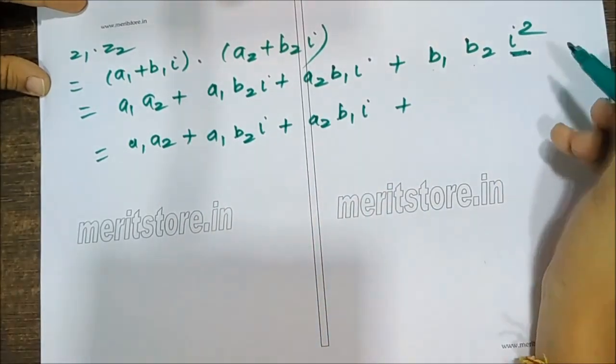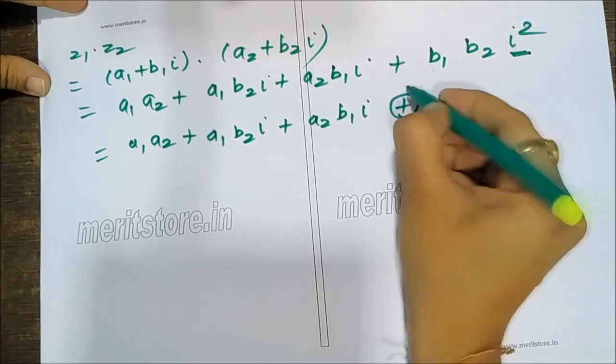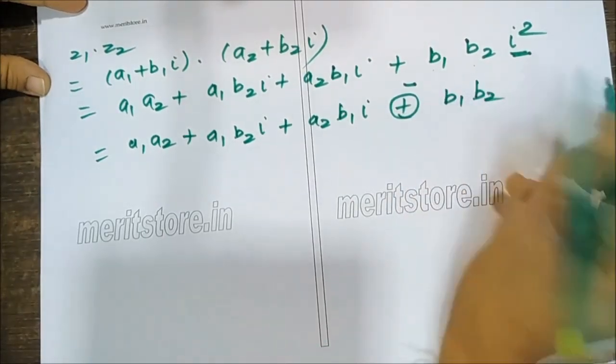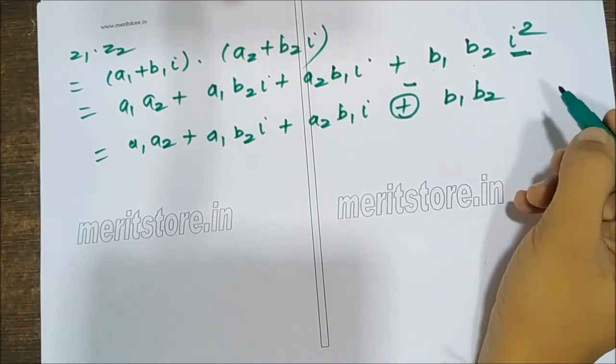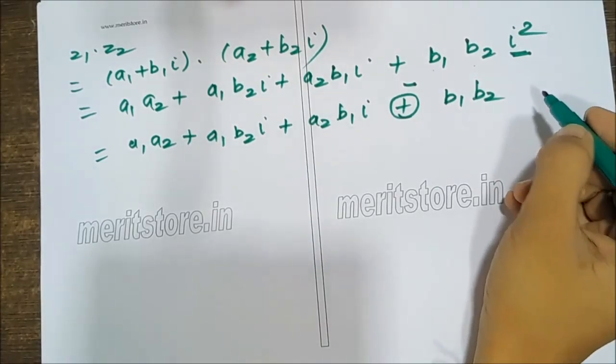Here i square is equal to minus 1, we discussed. So this plus will change to minus b1 b2. We will take an example to follow it much simpler.